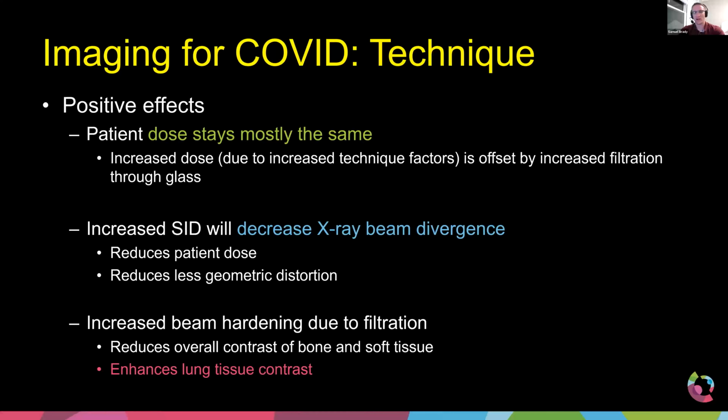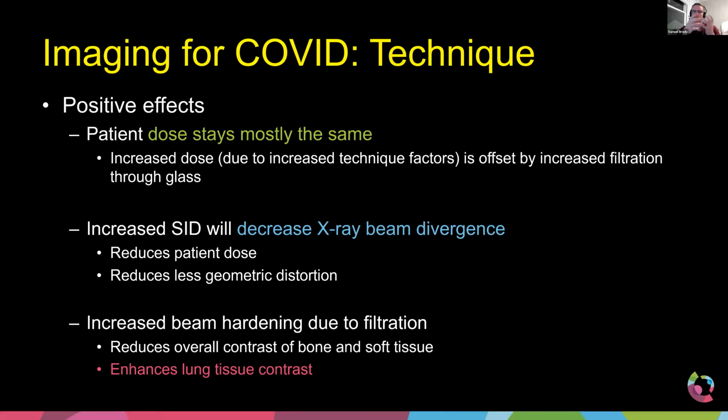So we've really talked a lot about the negatives here, right? We've talked about how we have to increase our kV to get through the glass. We've talked about how we've got extended SIDs, but there are actually some positives in this. First of all, we have to increase kV, but because we're imaging through glass, the glass is a filter.